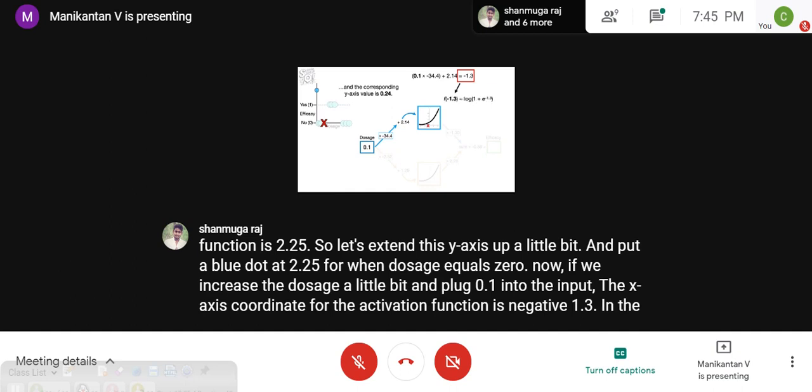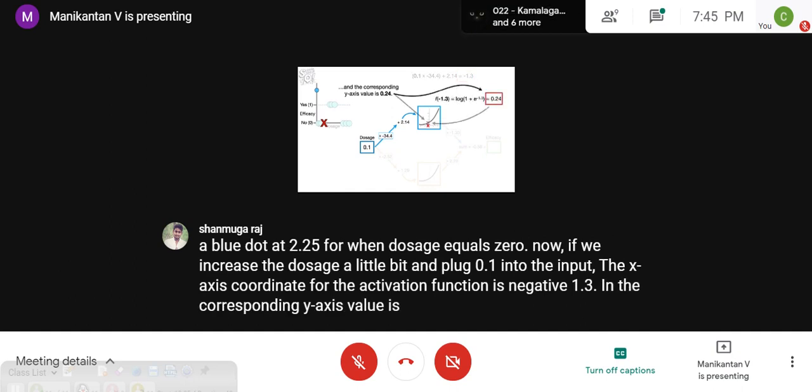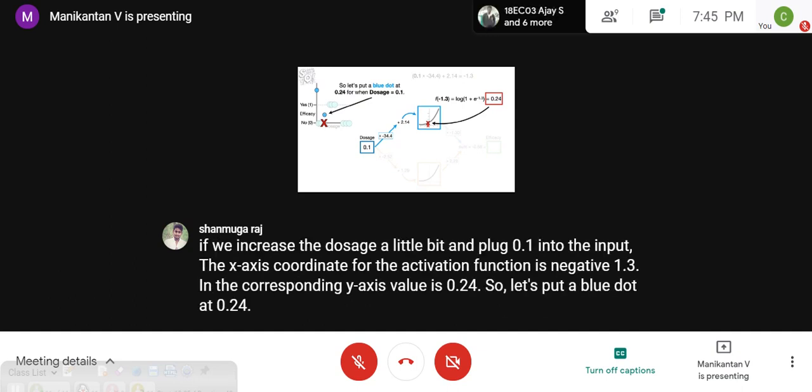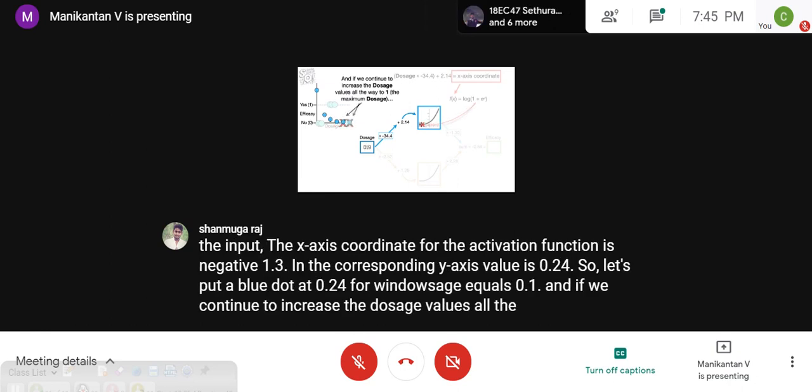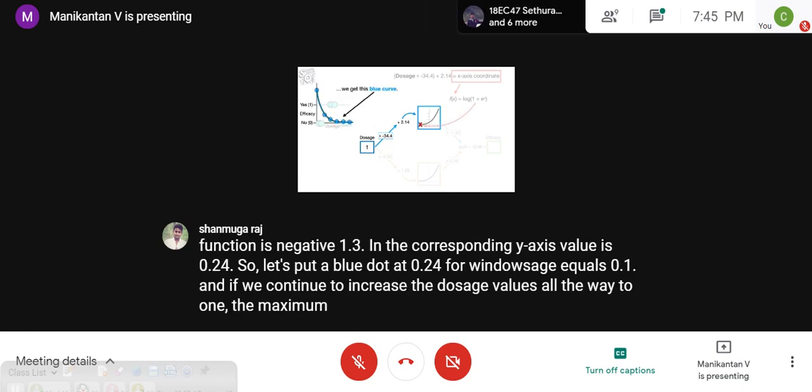And the corresponding y-axis value is 0.24. So let's put a blue dot at 0.24 for when dosage equals 0.1. And if we continue to increase the dosage values all the way to 1, the maximum dosage, we get this blue curve.